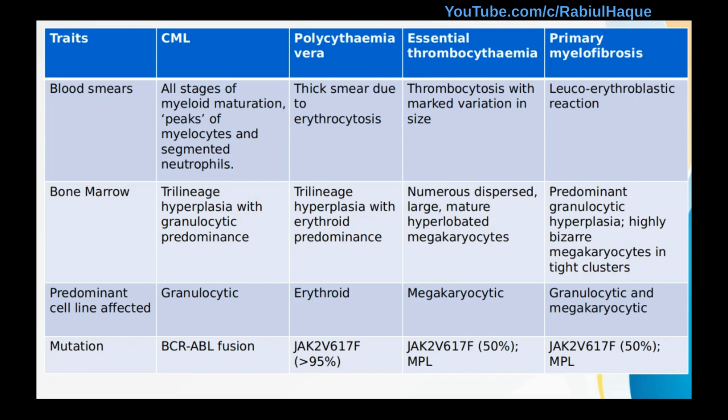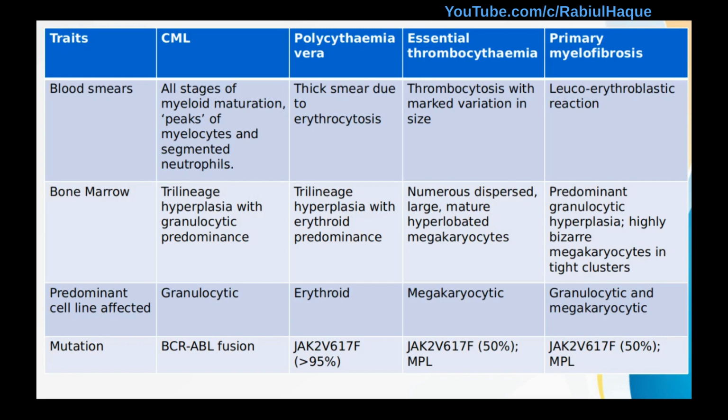leukoerythroblastic reaction. In bone marrow examination, in case of chronic myeloid leukemia, we will see trilineage hyperplasia with granulocytic predominance. In polycythemia vera, there will be also trilineage hyperplasia, but with erythroid predominance.